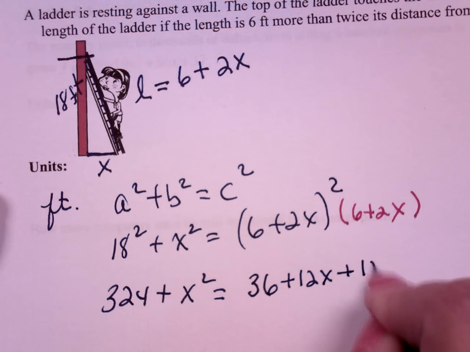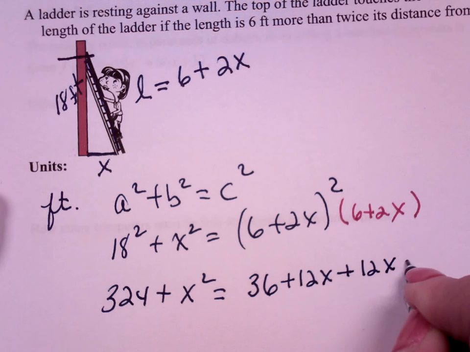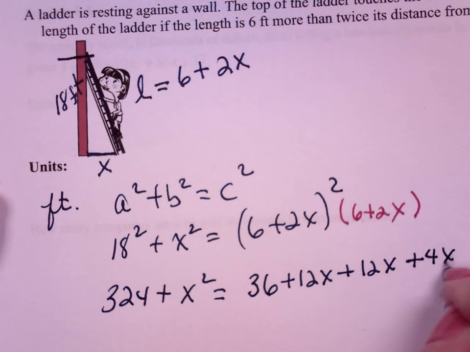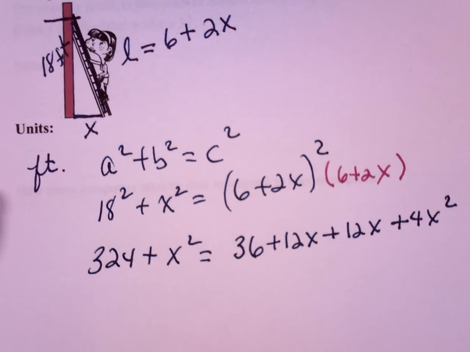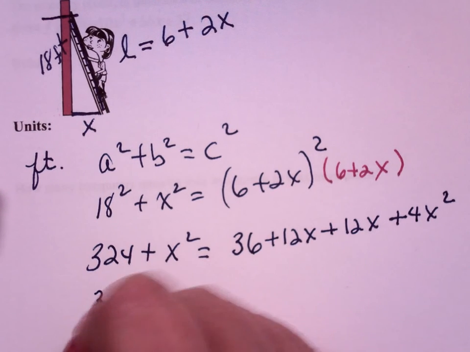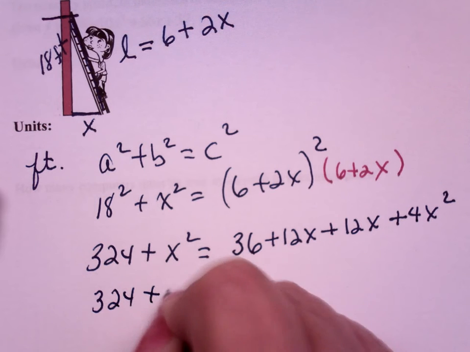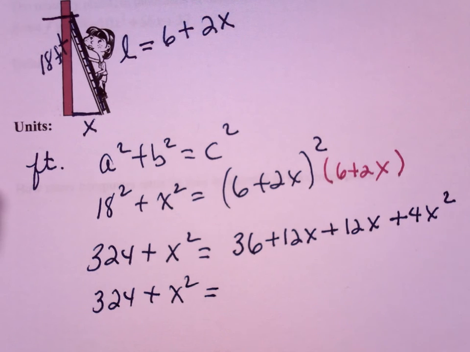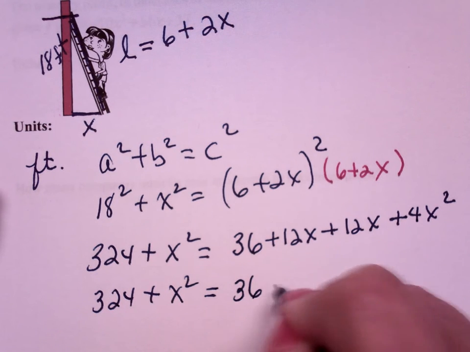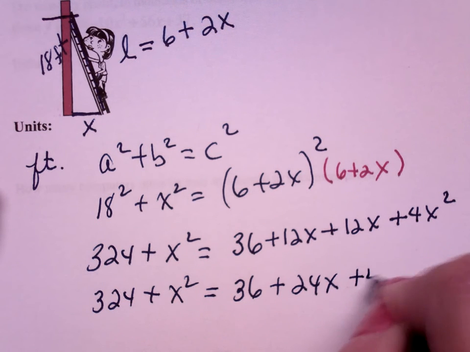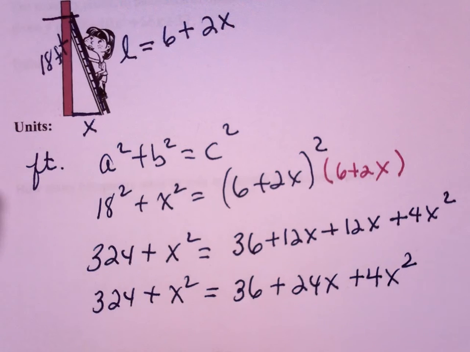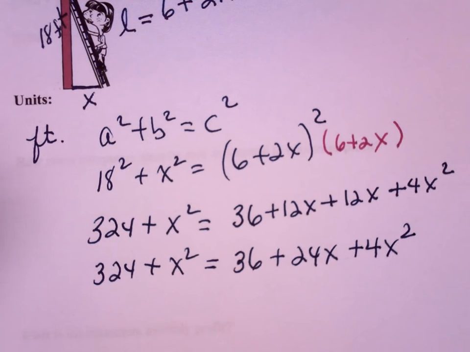Outer is plus 12x. Last is plus 4x squared. So 324 plus x squared equals 36 plus 24x plus 4x squared, and I know I'm belaboring this, guys, but as soon as I leave a step out, somebody's going to get lost.